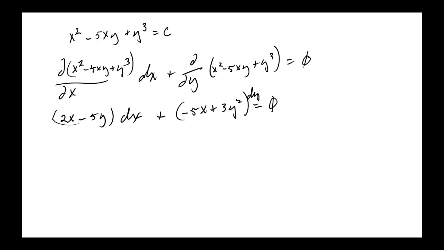Now, a little definition here. Of course, not every first-order differential equation written in a form like this corresponds to an f of xy equal to a constant. It just doesn't.